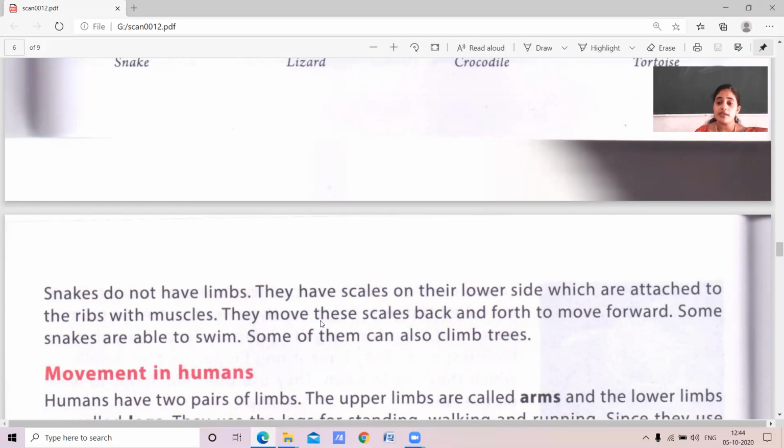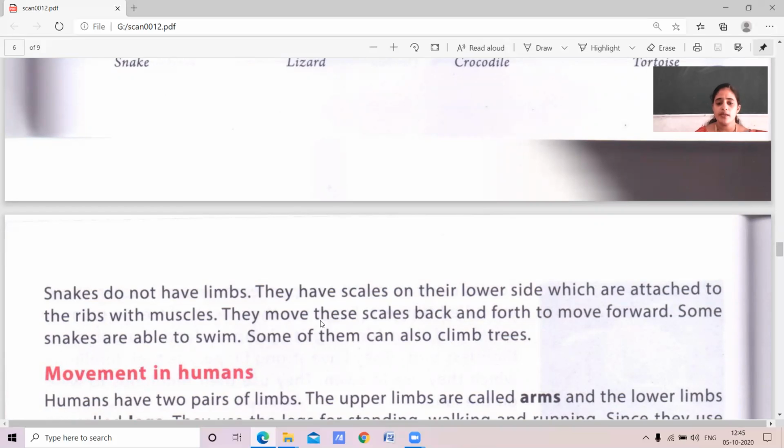Some snakes will also swim. They are able to swim in water. Some of them can climb trees. So snakes do not have limbs, but they have scales for moving forward and backward. Some snakes are able to swim also. Some of them can climb trees also.